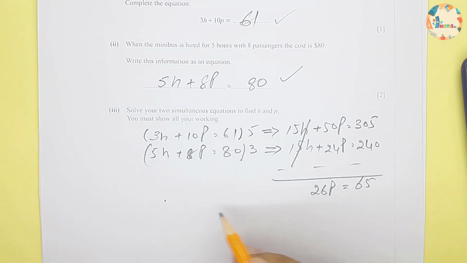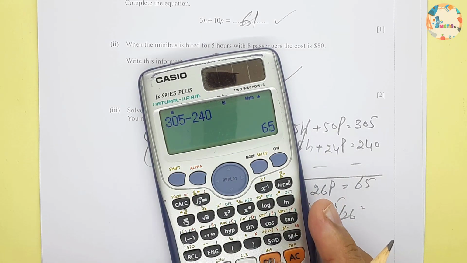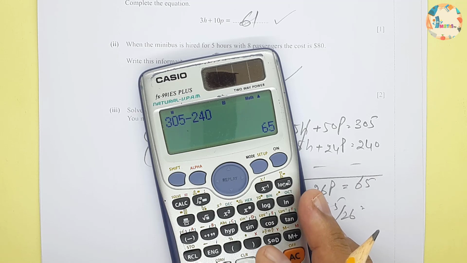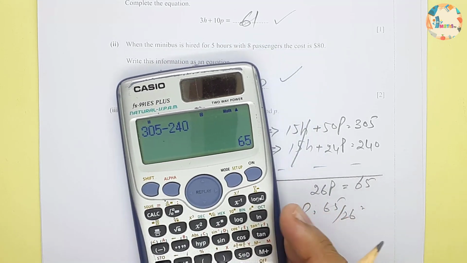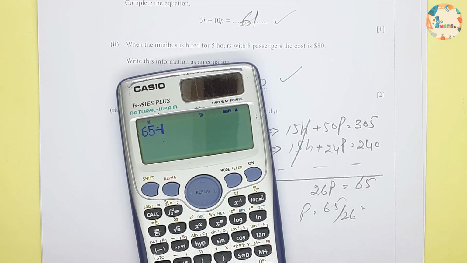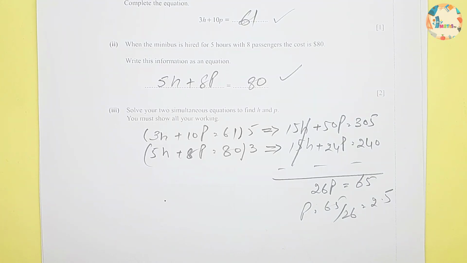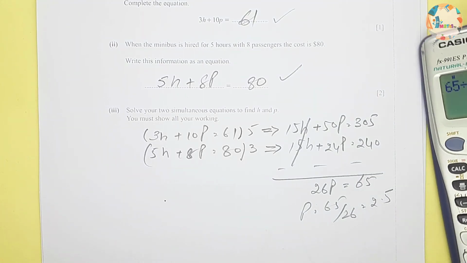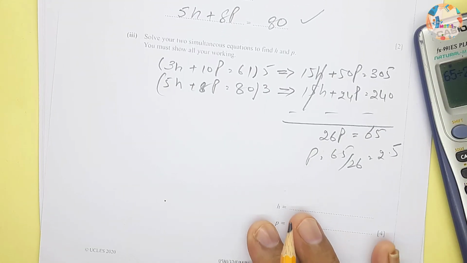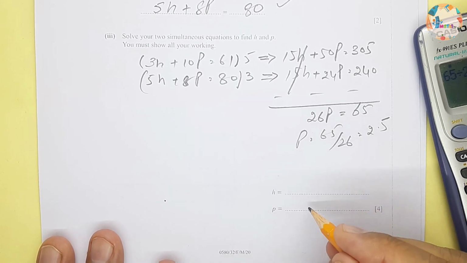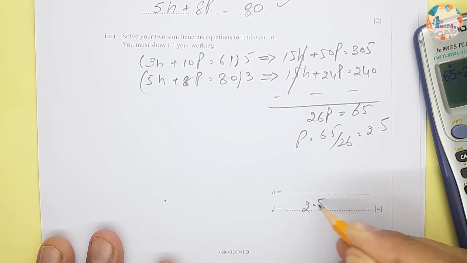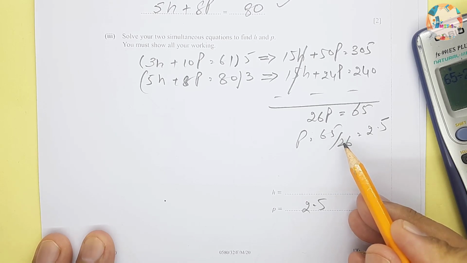So p will be equal to 65 over 26, and 65 divided by 26 will result in 2.5.